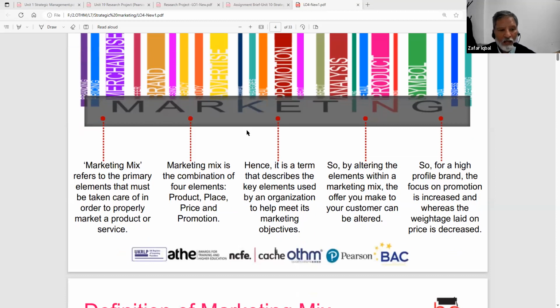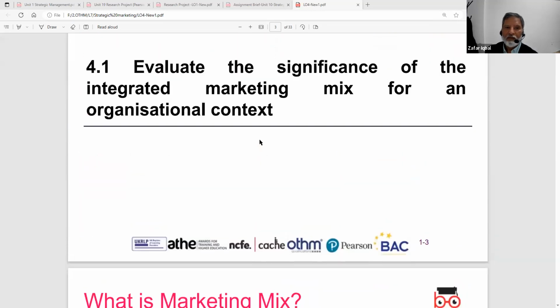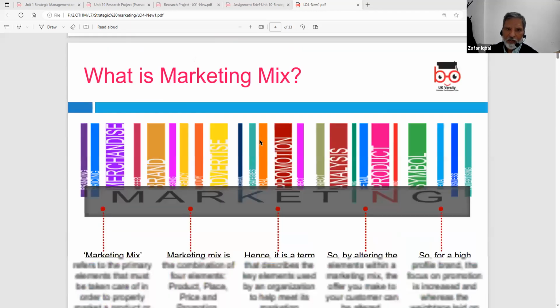When you combine all these and use them to integrate the marketing mix of an organization, it's called the marketing mix.